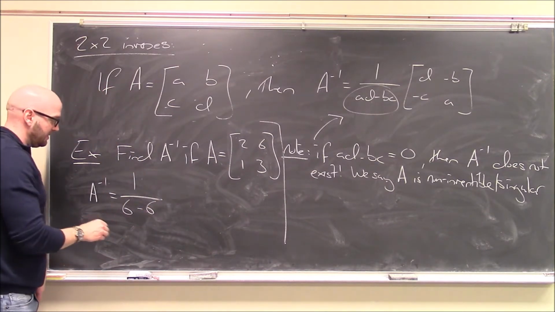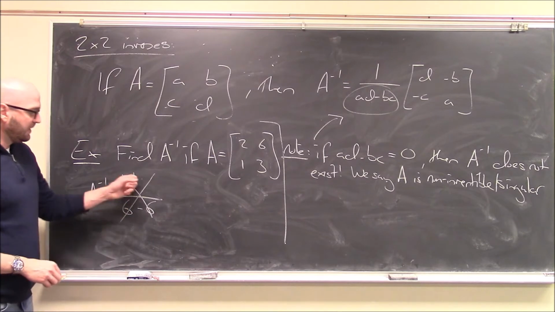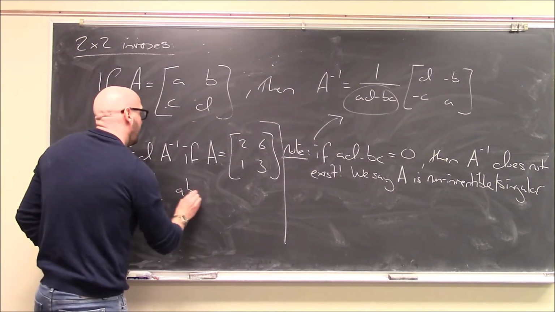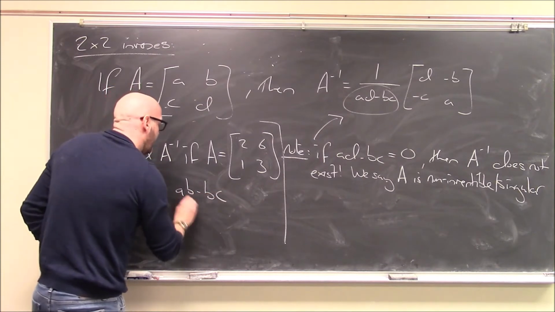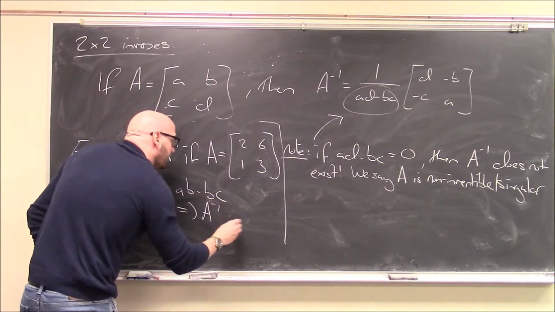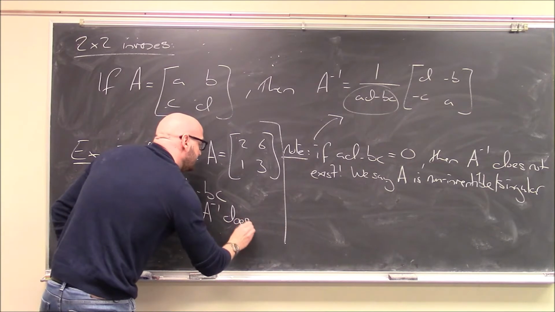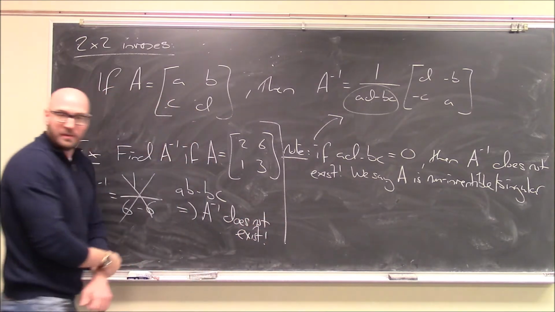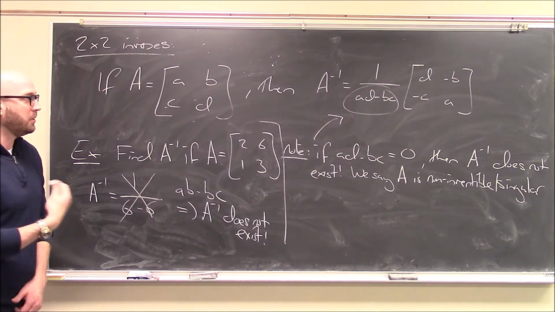Oh, wait. Well, that gives me division by 0, right? AD minus BC was 0. So that means that an inverse, A inverse, does not exist. Which can happen, right? Inverses for matrices don't always have to exist.